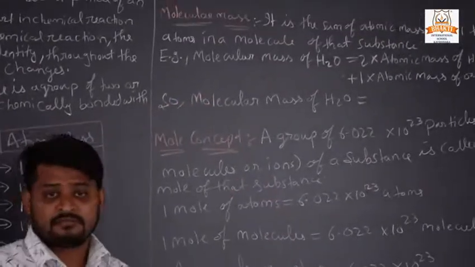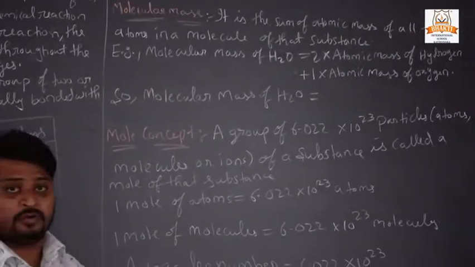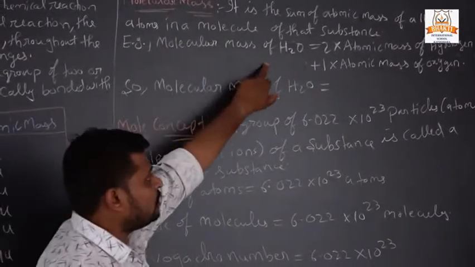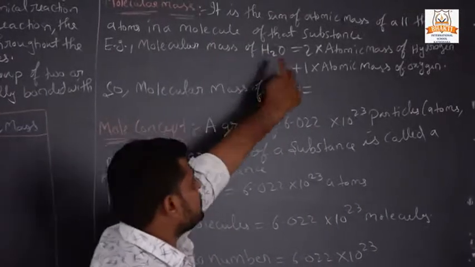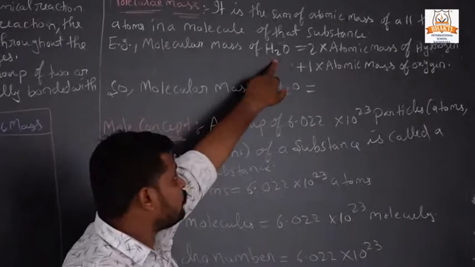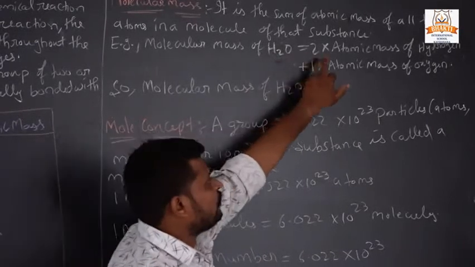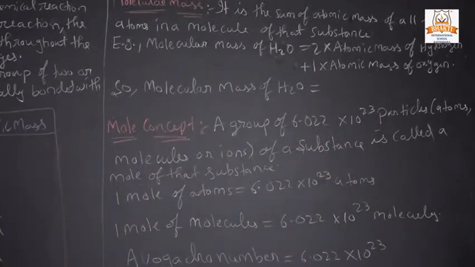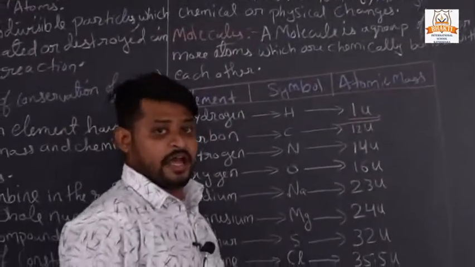What is the formula to find the molecular mass? If we want to find the molecular mass of water, here hydrogen has two atoms, H2, so 2 into the atomic mass of hydrogen. What is the atomic mass of hydrogen? It was given here, 1.